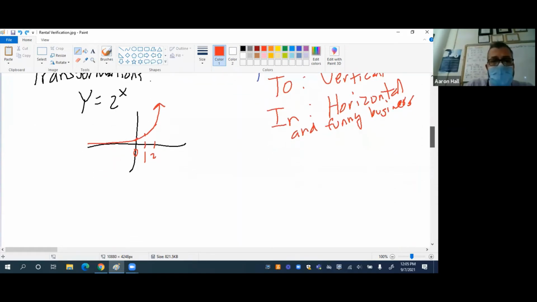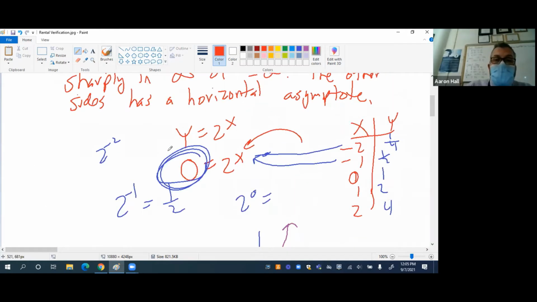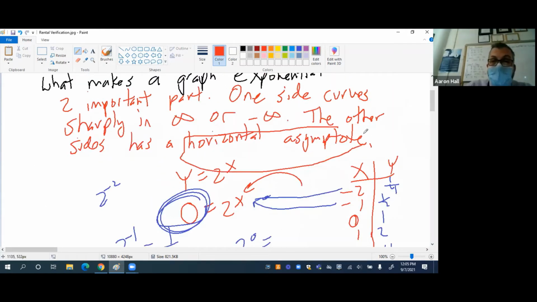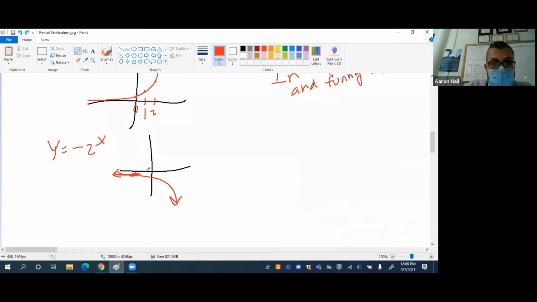So if I have y equals negative 2 to the power of x, then I'm going to get a graph that looks something like this. Is this still exponential? Does it still follow our two conditions that we have some type of horizontal asymptote and it curves to infinity or negative infinity? Yeah, so this is still exponential.